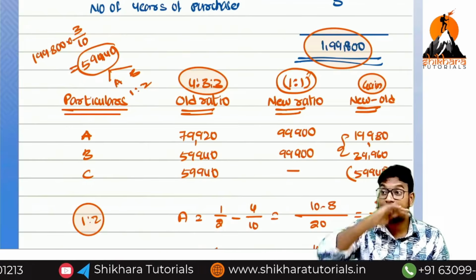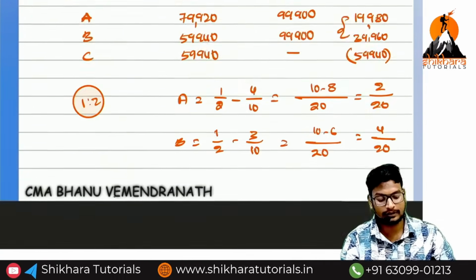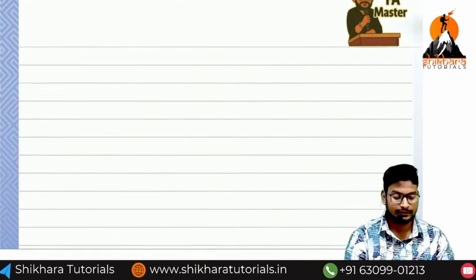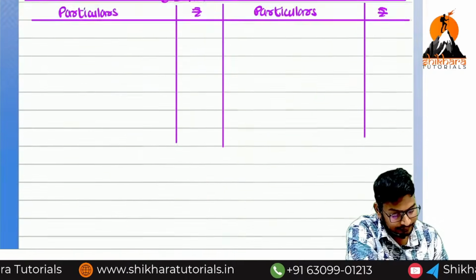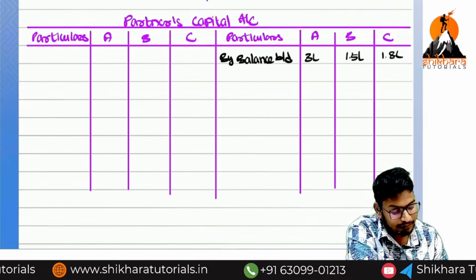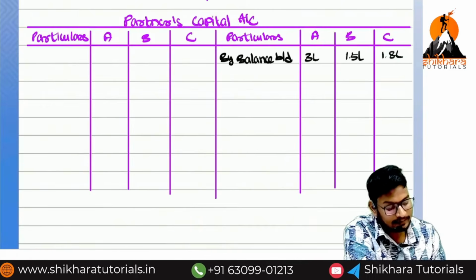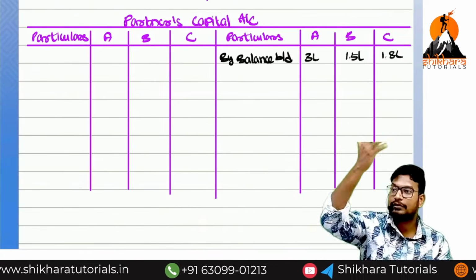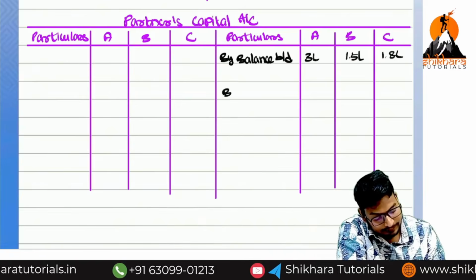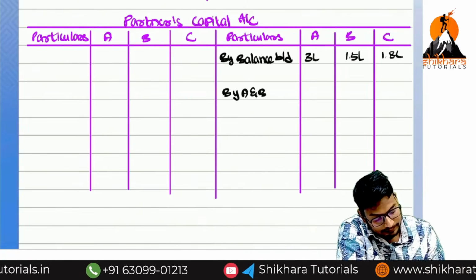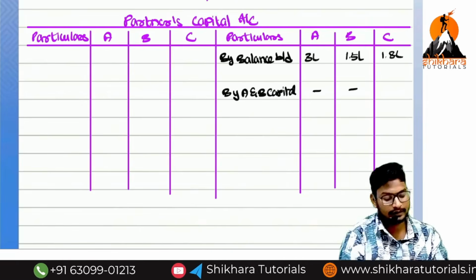Gaining partners' accounts are debited to the deceased partner. We adjust this through the partners' capital accounts. So A and B capital accounts are debited by the total amount.